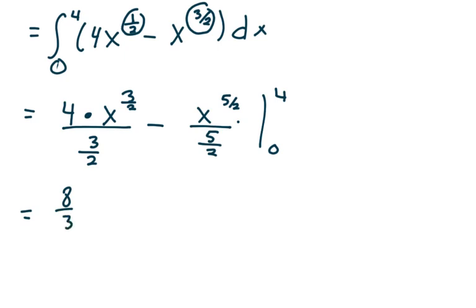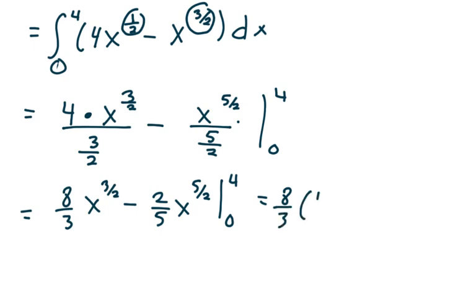So I get 8/3 x to the 3 halves minus 2/5 x to the 5 halves from 0 to 4. So I'm going to pop the 4 in for x. When I plug in 0, it goes away. So I get 8/3 times 4 to the 3 halves minus 2/5 times 4 to the 5 halves.